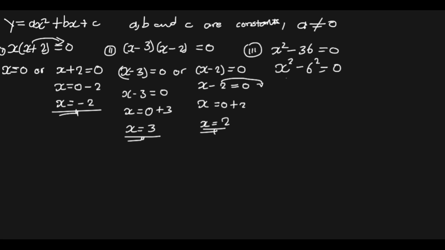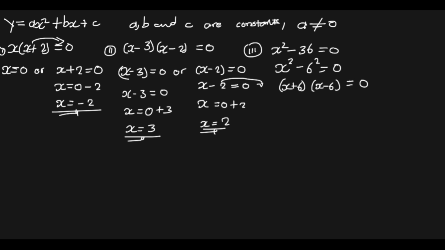From there, we are going to open two brackets. This method is what we call the difference of two squares. One x will be here, the other x will be here. Then we are going to have positive 6 and negative 6. So you need to have one bracket with a positive sign and the other bracket with a negative sign.